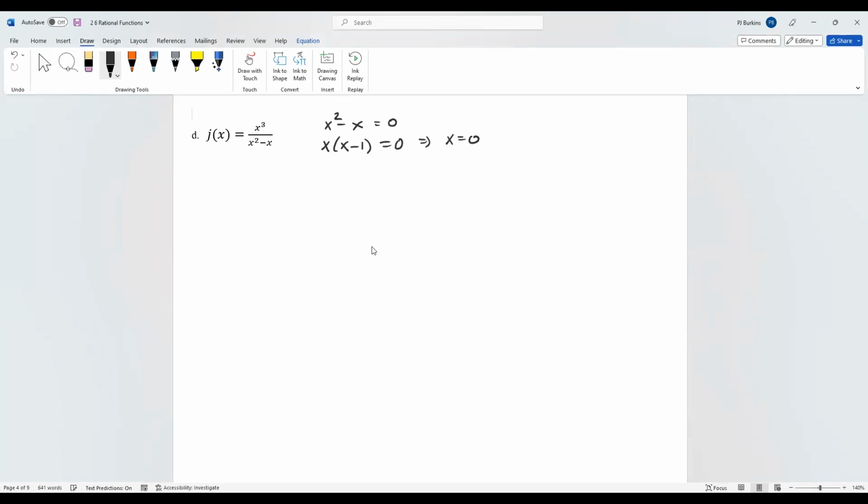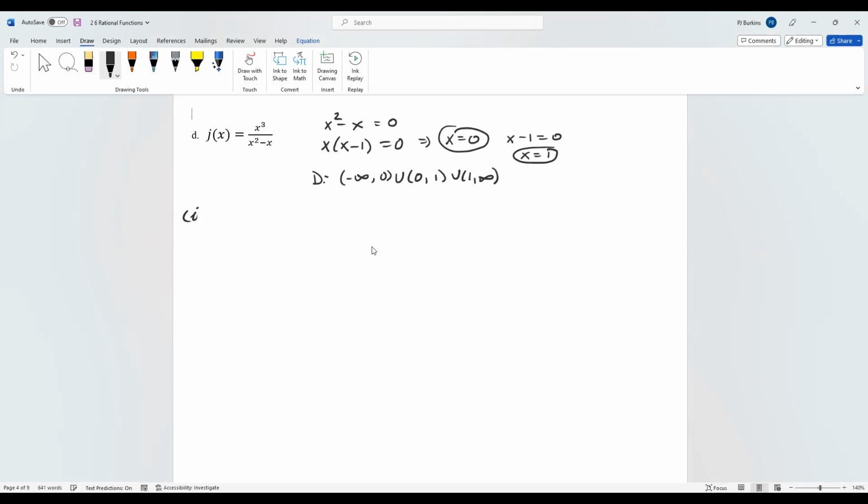So x could be 0, or x minus 1 could be 0. The first is obvious, just x equals 0. The second, you move the 1 to the right, and you get x equals 1. So this tells me that my domain is all real numbers except for 0 and 1. And we'll determine if those are asymptotes here in just a second.